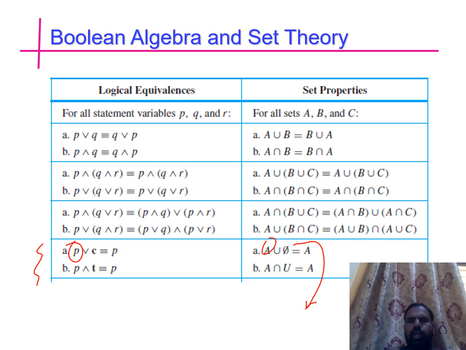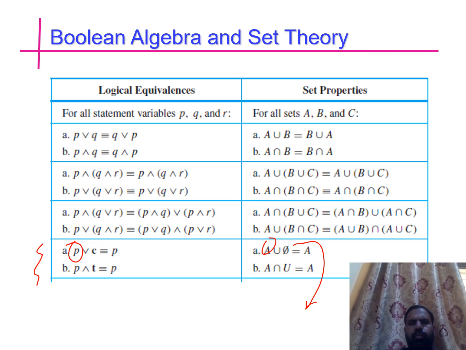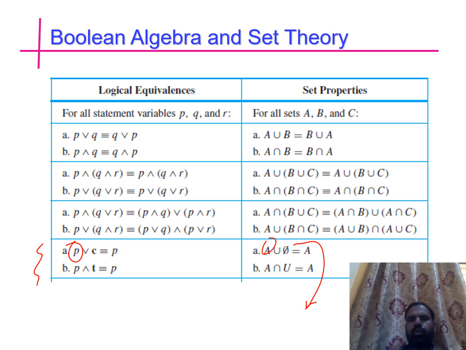So A intersection (B union C) is equivalent to (A intersection B) union (A intersection C). Similarly for the second distributive law. And for the identity law, P or C, which is equivalent to P, similarly A union phi is equal to A.